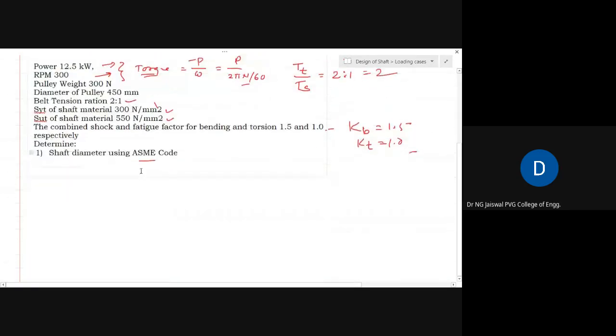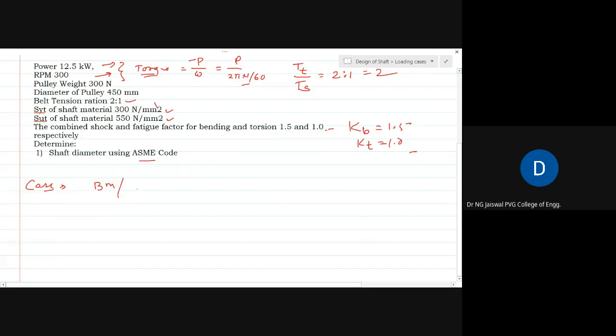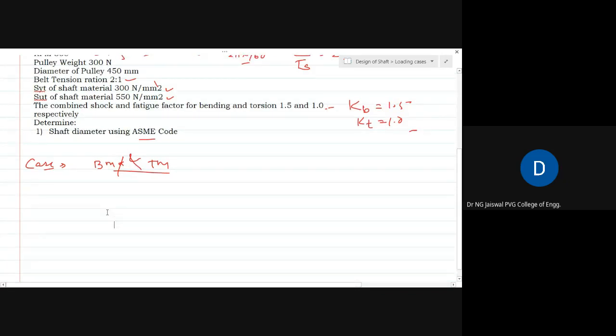Therefore, this numerical fits into a category wherein the shaft is subjected to bending moment and torsional moment. The moment I understand that the shaft is subjected to both, and I want to design the shaft using the ASME code, immediately I should write two equations.